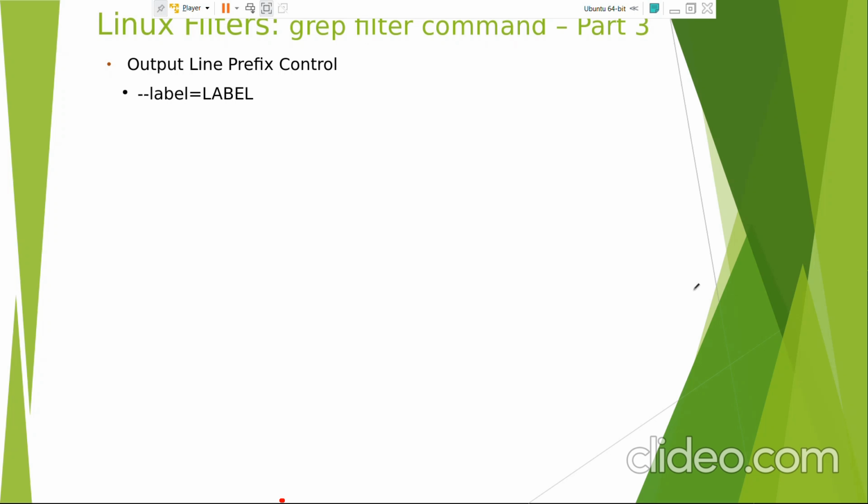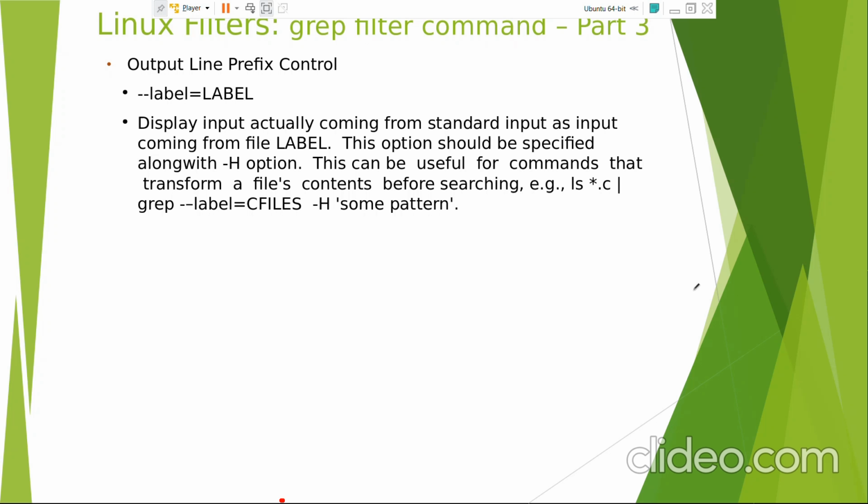Next, let us look at the hyphen label option. What does this option do? When we are issuing the grep command with a pattern and a file name, it is going to display all the lines containing the matching pattern. Let us suppose now grep is reading the input from a pipe.